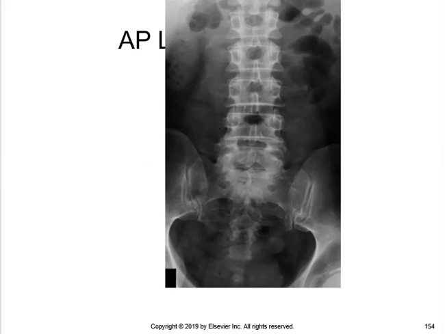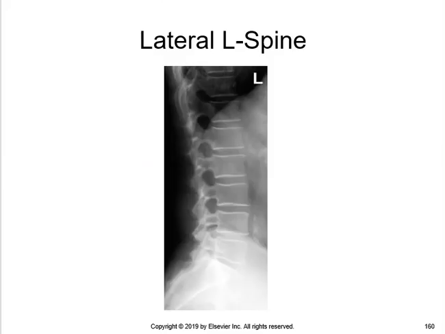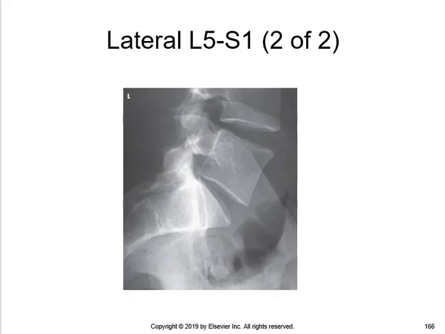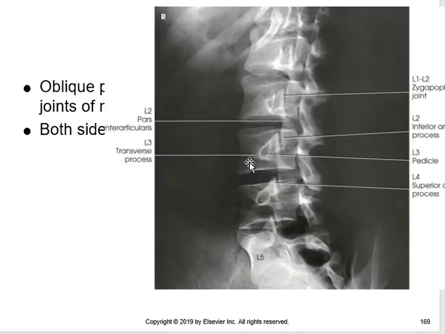So how we apply that to an oblique, you don't really see transverse processes on lateral, but how we apply that to an oblique is if you look, that is transverse process. So we don't see this transverse process, it's pretty much pointing right at us. But we can see this transverse process and it looks like it would be going right to the edge of the vertebra.